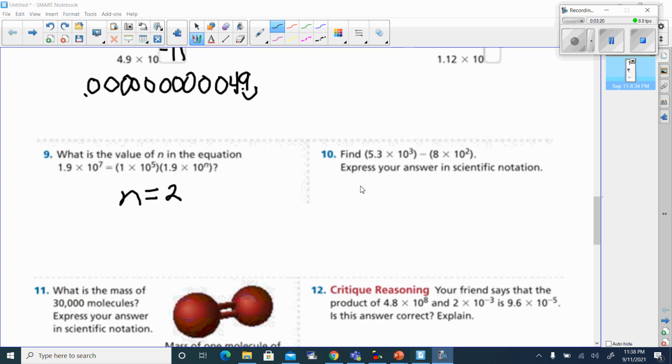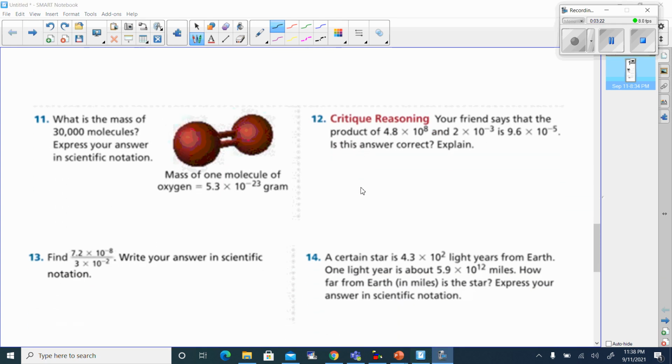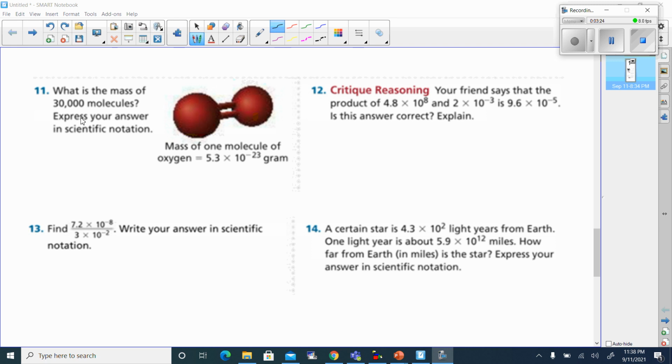Moving forward to number 11, it says, what is the mass of 30,000 molecules? Express your answer in scientific notation. They said the mass of one molecule of oxygen is 5.3 times 10 to the negative 23 power. Remember, we're taking this number and multiplying it by 30,000.